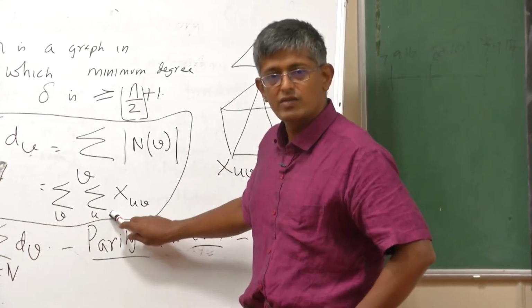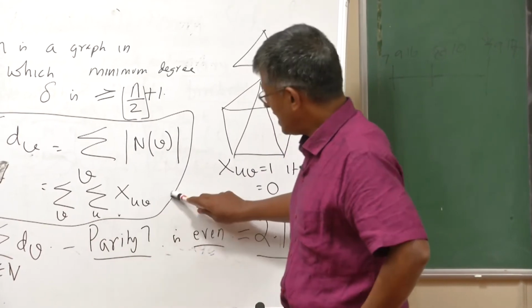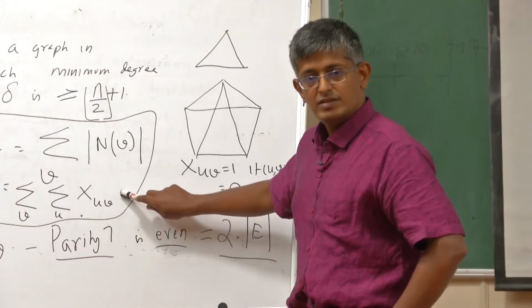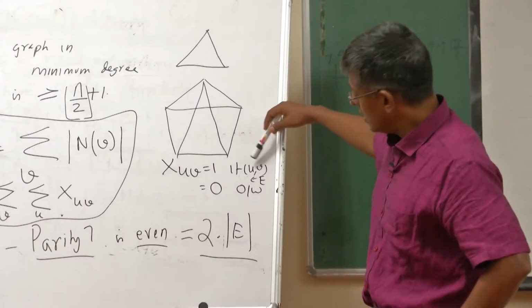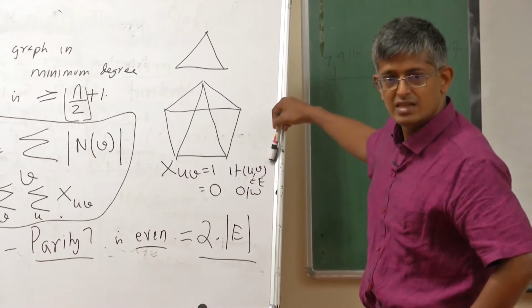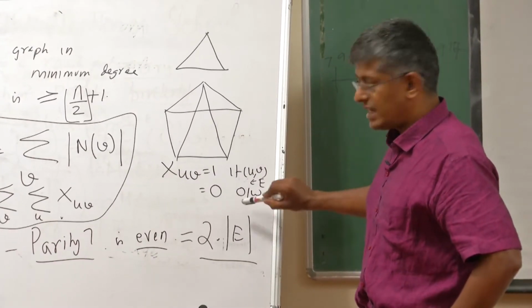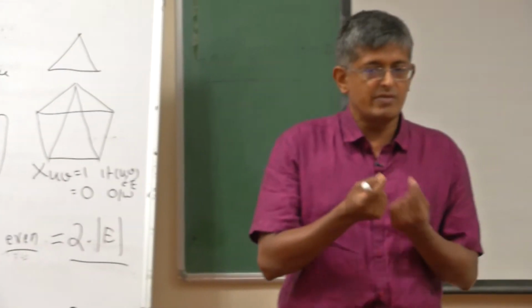This is also over the vertices, the second summation, and I say xuv. What is xuv? xuv will take a value 1 if the edge uv is in the edge set of the graph. It is equal to 0 otherwise. If the pair u comma v forms an edge, then it takes a value 1, otherwise it takes a value 0.